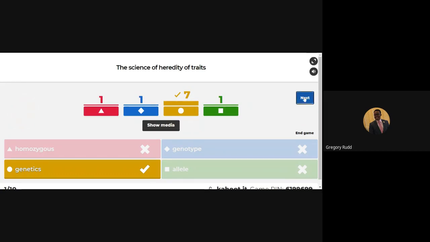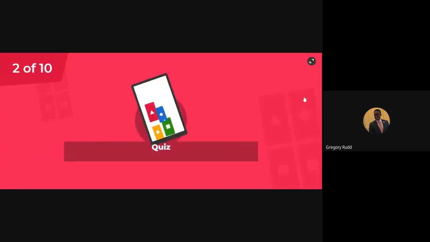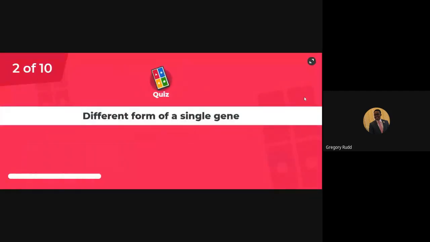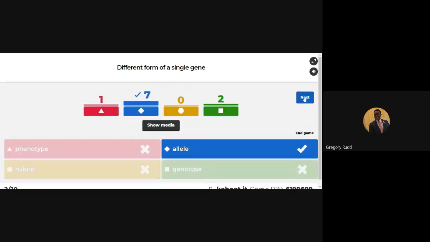Genetics. Ooh, Jalen in the lead. Okay. Different form of a single gene. We should have 2 different forms of a single gene. That should be called an allele.